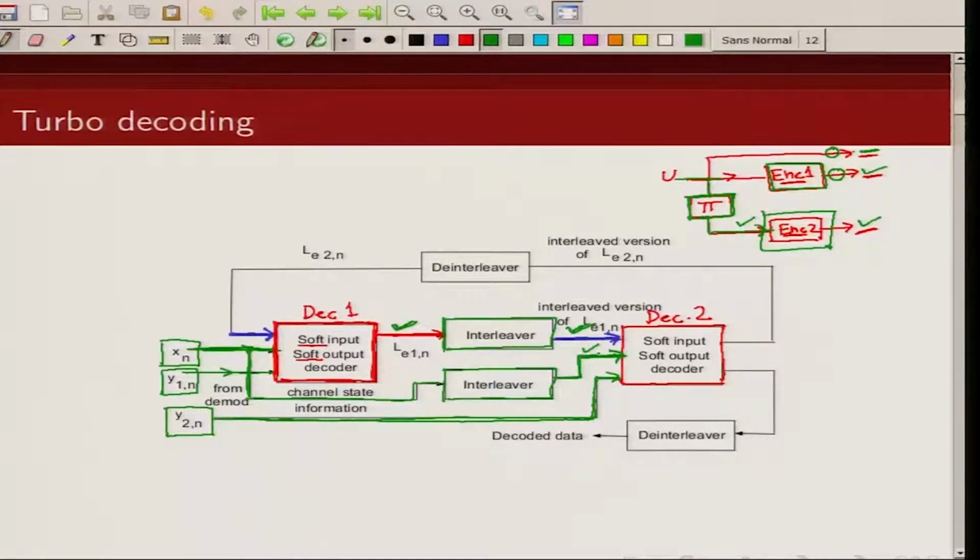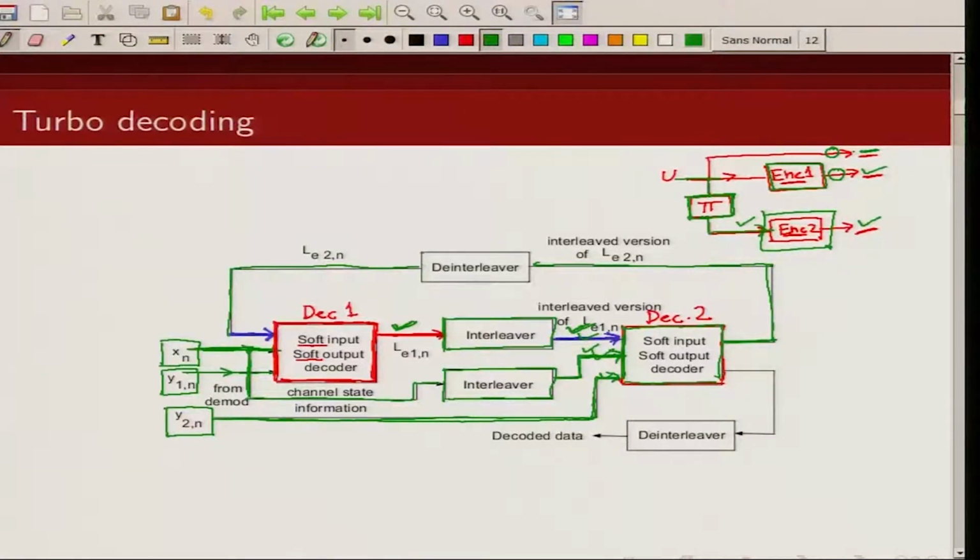Now similarly, what does this decoder 2 do? It takes these two channel values and the a priori information which it has received from decoder 1, and then it will try to decode this code, and it will form some estimate, some extrinsic information, and that information is fed back to the first decoder.